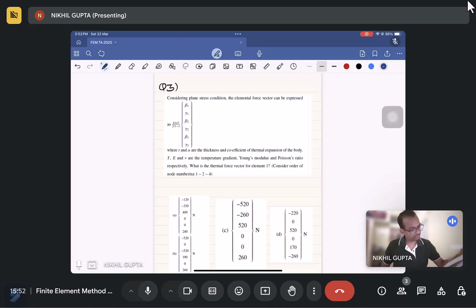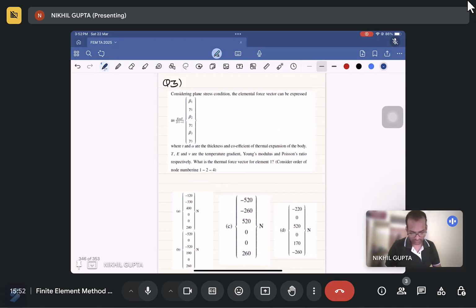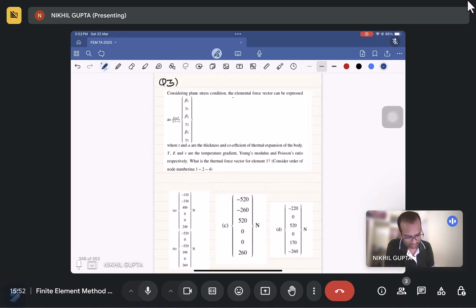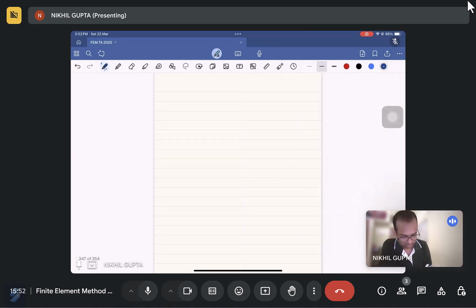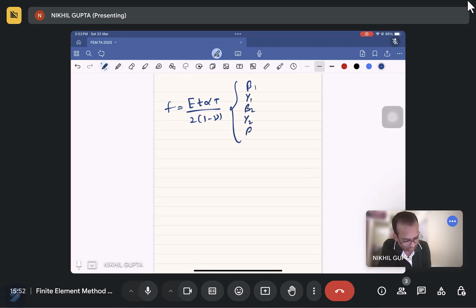So this question number 3 we'll see. Now this is also easy. Consider the plane stress condition. The elemental force vector can be expressed like this. Since they have given the vector only, we just have to put the values in it. So the vector is given as E alpha t delta T over 2 (1 minus nu) times beta 1, gamma 1, beta 2, gamma 2, beta 3, gamma 3.